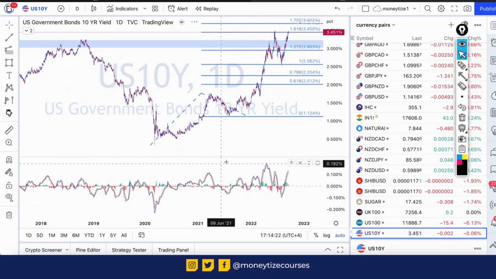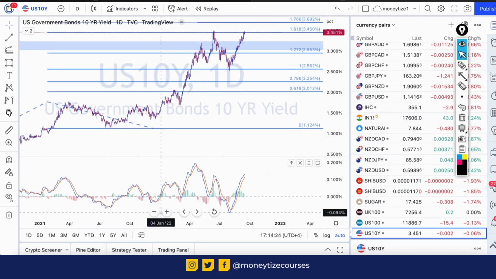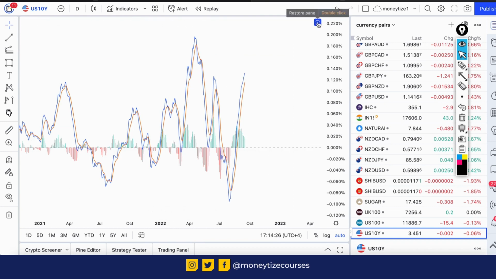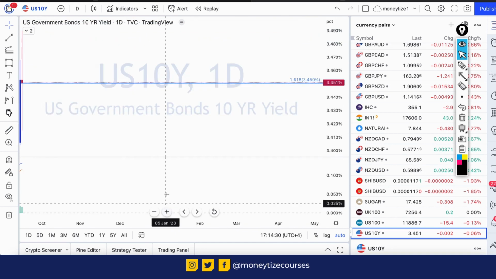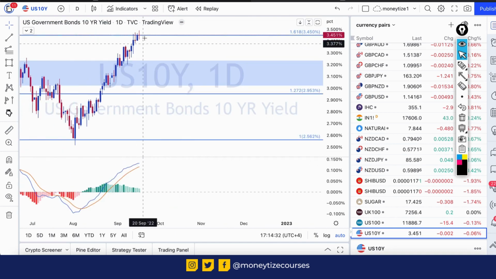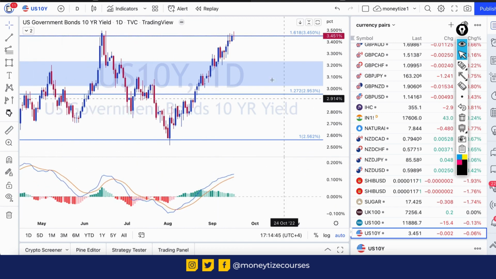Let's quickly check on the daily. Again, the last candle printed on the daily chart is a doji with MACD histograms slightly shrinking to the downside. The MACD lines have started curving, so a slowdown scenario is visible.